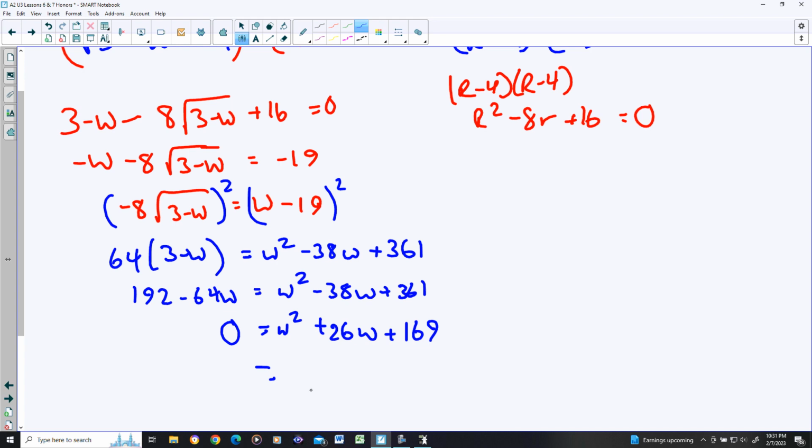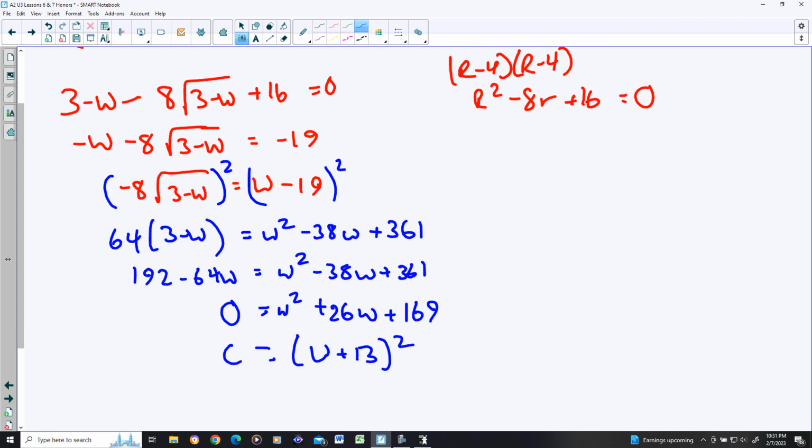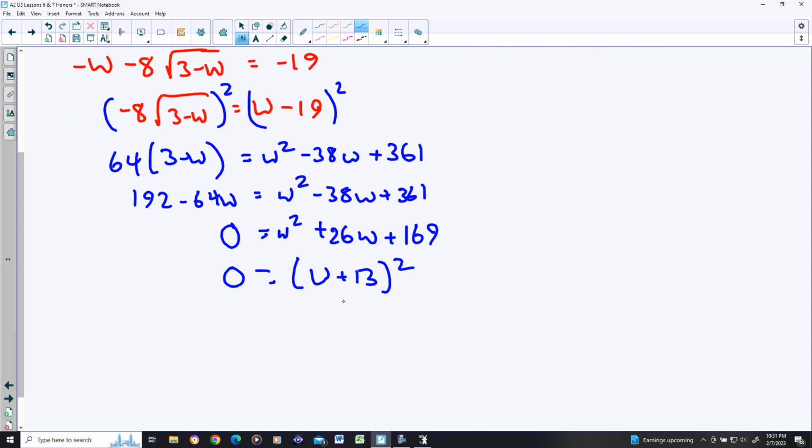Hey, that adds to 26. So guess what? This factors into w plus 13 squared. And so if 0 equals this, basically we take the square root of both sides and we get w plus 13 equals 0. And therefore, we get w equals negative 13. It worked, amazingly enough, and we didn't even get an extraneous solution from that.